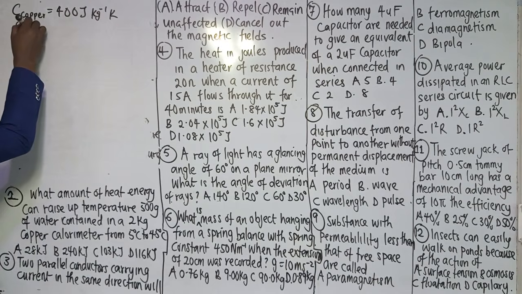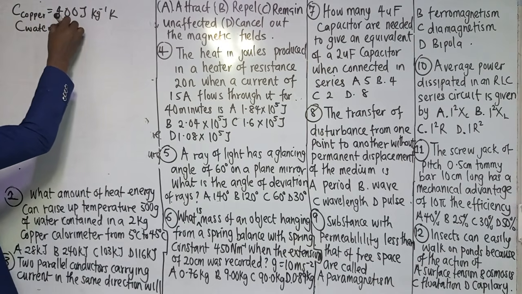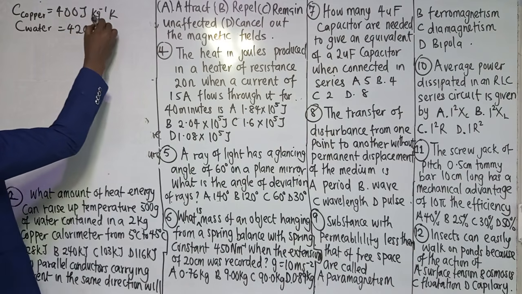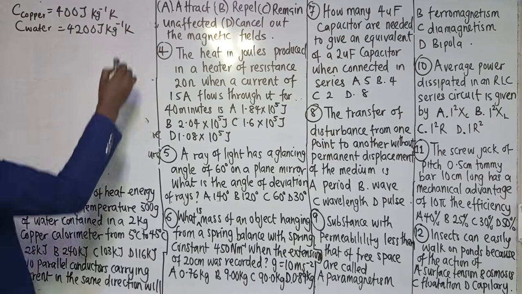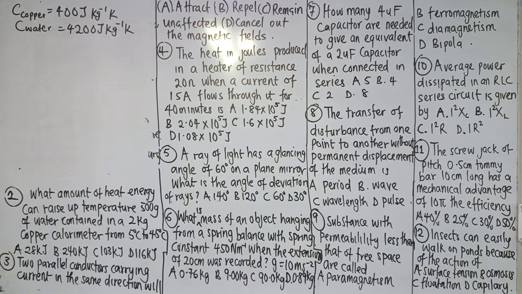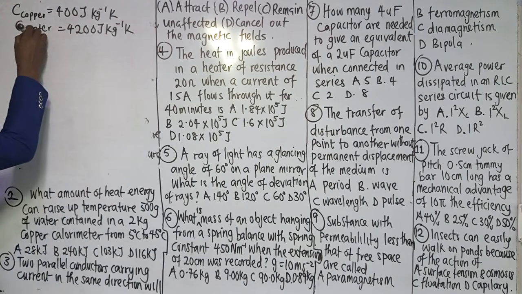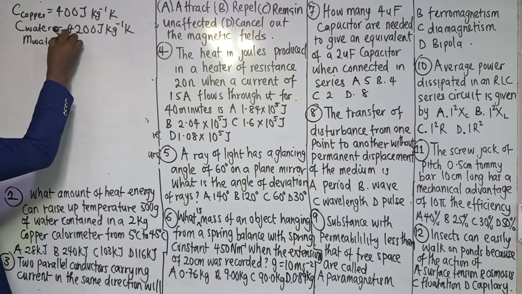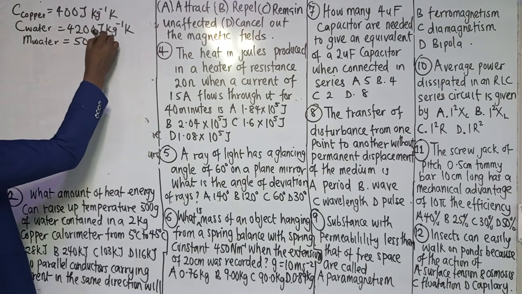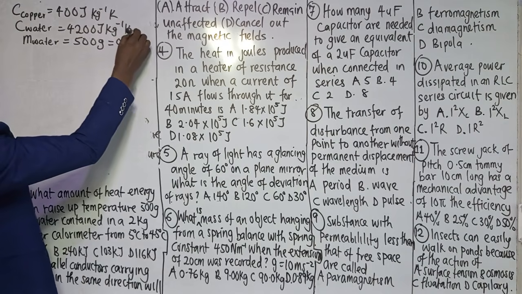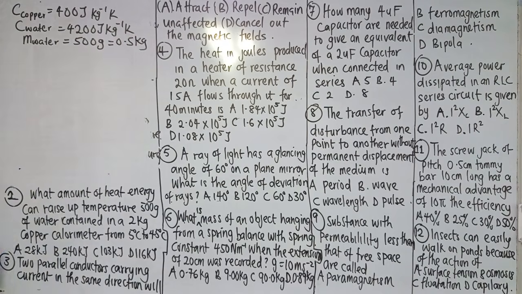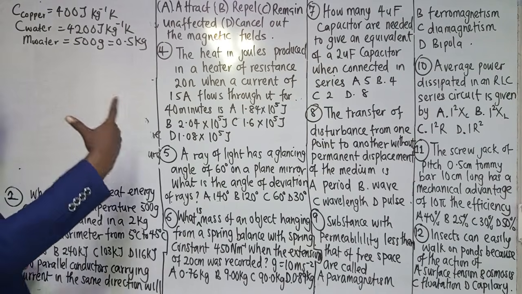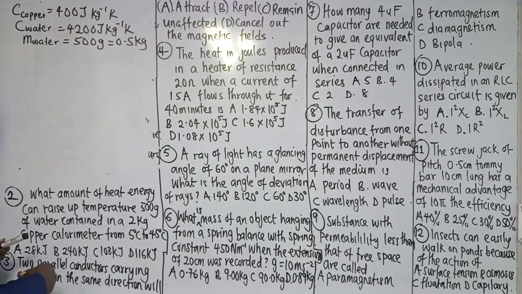Then let's take the specific heat capacity of water as 4200. It was given in the question, I failed to write it, sorry for that. Now, let's convert the mass of water. The mass of water is 500 grams, so we convert it to 0.5 kilogram by dividing by 1000. Don't forget to convert gram to kilogram by dividing by 1000.